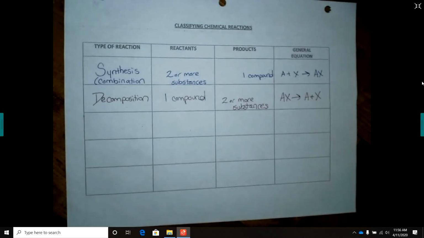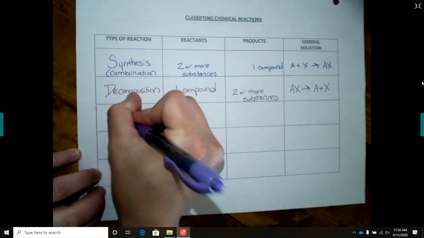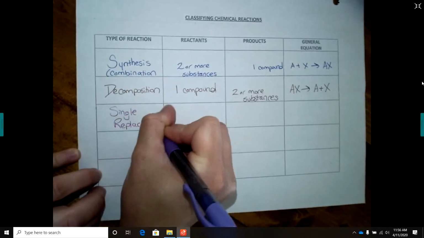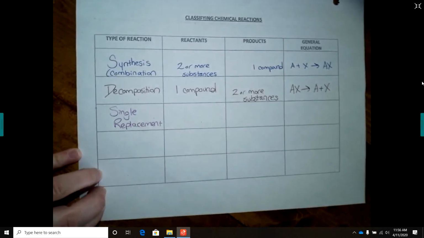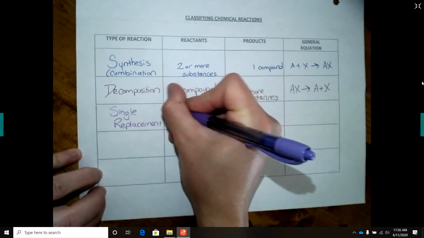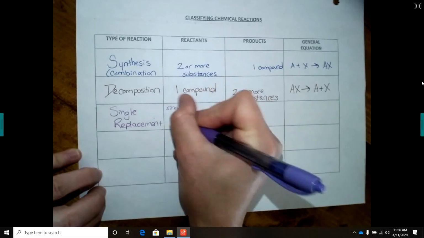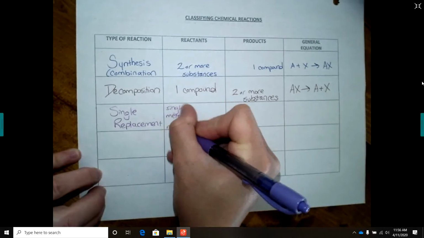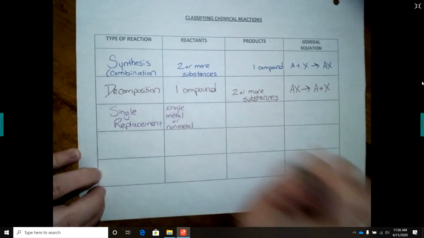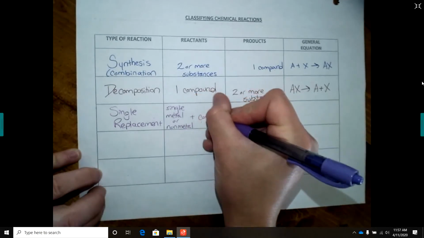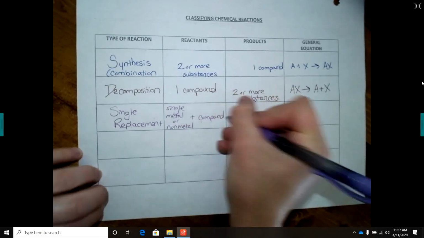All right, the third type of reaction is called single replacement. Now for single replacement, you're going to start with either a single metal or a single nonmetal. And then your other reactant is going to be a compound.